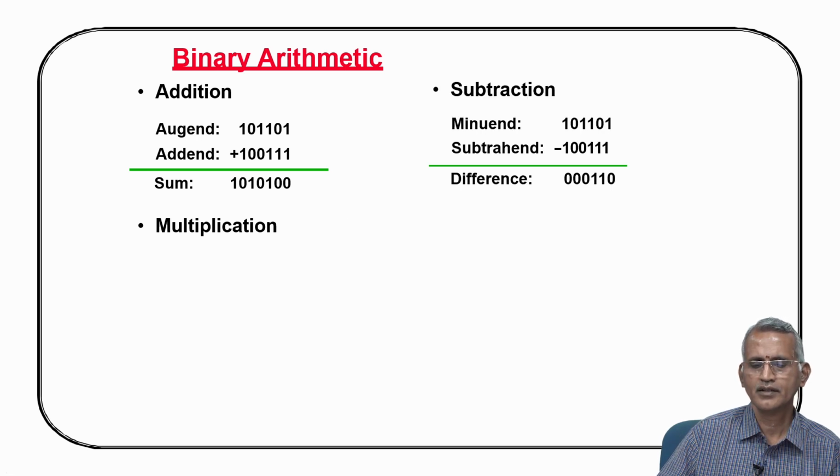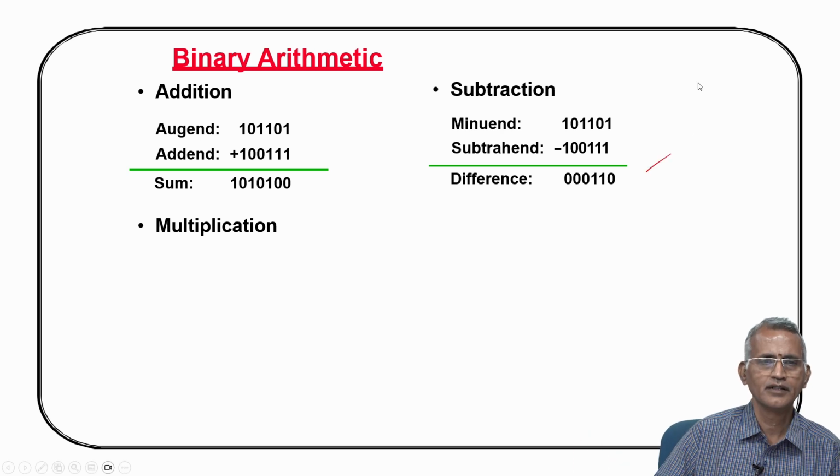For subtraction, we have the minuend 101101 and the subtrahend 10111. If you subtract, the resultant will be like this.